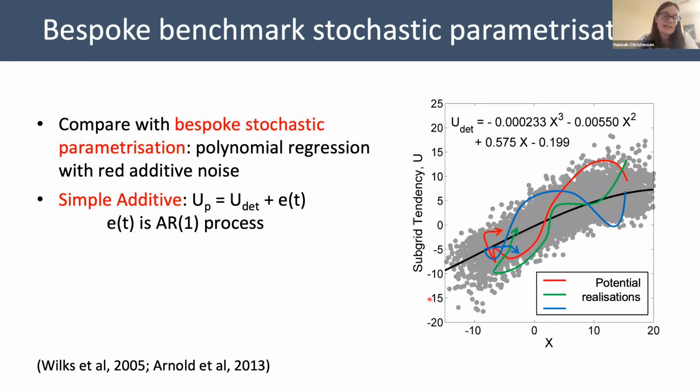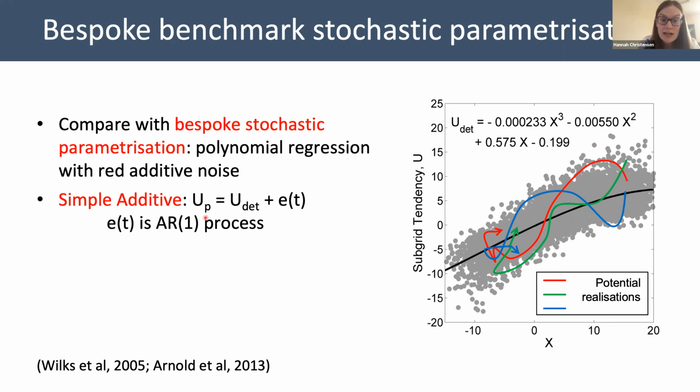And all of these GANs we're going to compare to what we call a bespoke benchmark stochastic parametrization. This is a stochastic scheme that has been used quite extensively for the Lorenz 96 model. It was originally laid out in Wilks's paper back in 2005. And it's very simple.